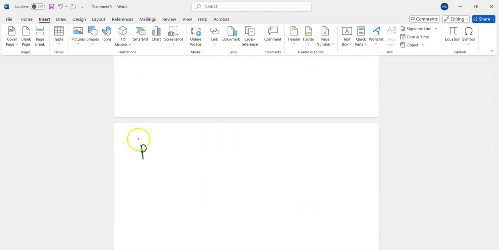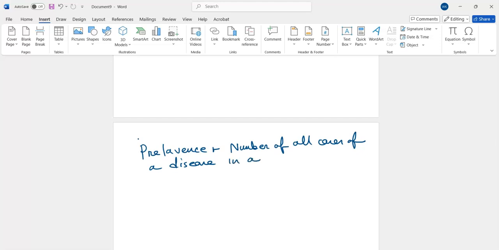Prevalence is the number of all cases of a disease in a population or group of people.